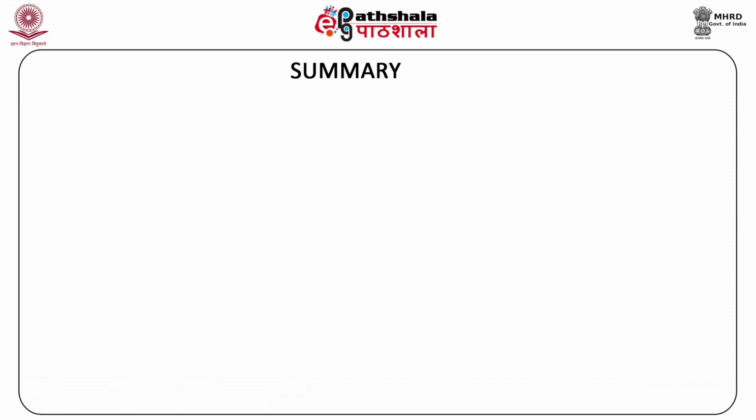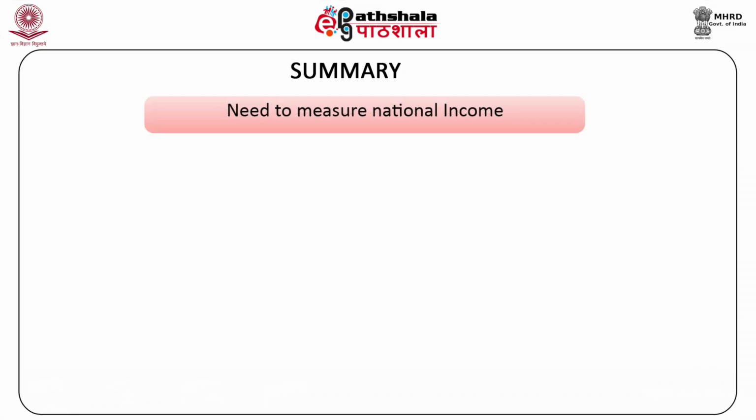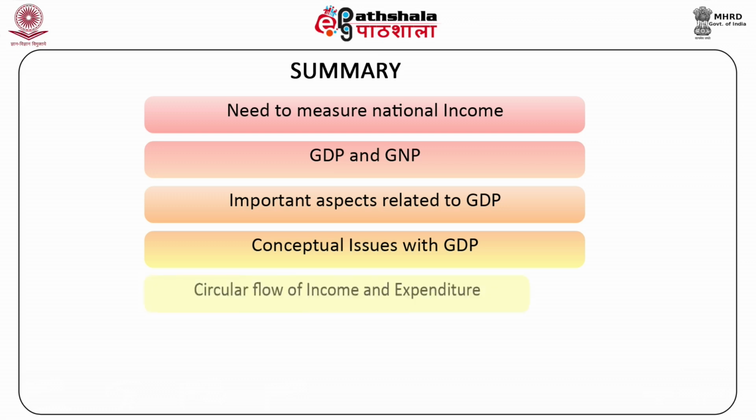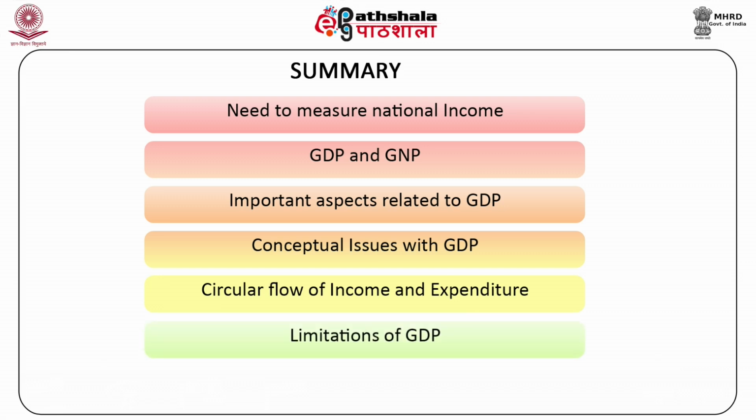To summarize, we studied different reasons to measure national income, learned the definition of GDP and GNP, identified important aspects related to GDP such as final goods and services, value added at different stages of production, etc., and studied conceptual issues with GDP such as stocks and flows, distinction between gross GDP and net GDP, difference between GDP and GNP, etc. Also studied in detail about circular flow of income and expenditure, and finally covered the limitations of GDP.